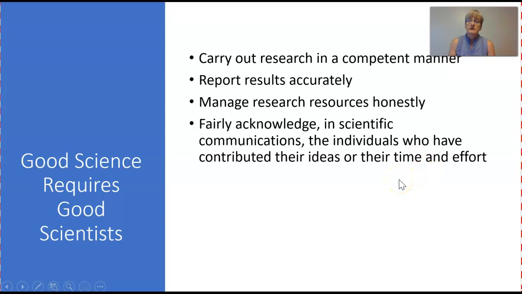You also have to, again, this is about being a member of a community of scientists. We have to work together in order to move scientific knowledge forward. So we have to be honest about who has contributed and in what particular way to every piece of research that we conduct.